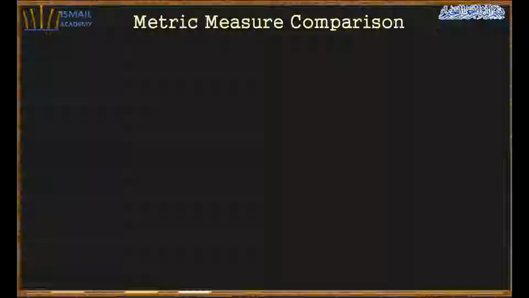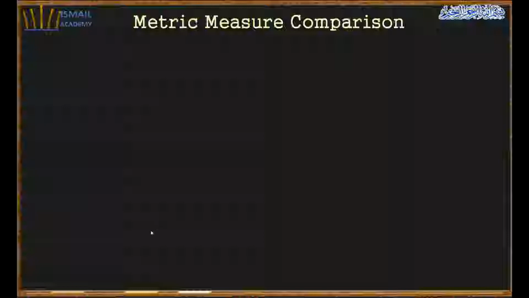So the way we compare numbers and the way we are going to compare measures, we can use the same concept, which is the place value concept, but the only difference or the only problem is the unit measure, because we have an extra piece of information beside the value that we want to compare. So that's the only problem we have to be careful about.